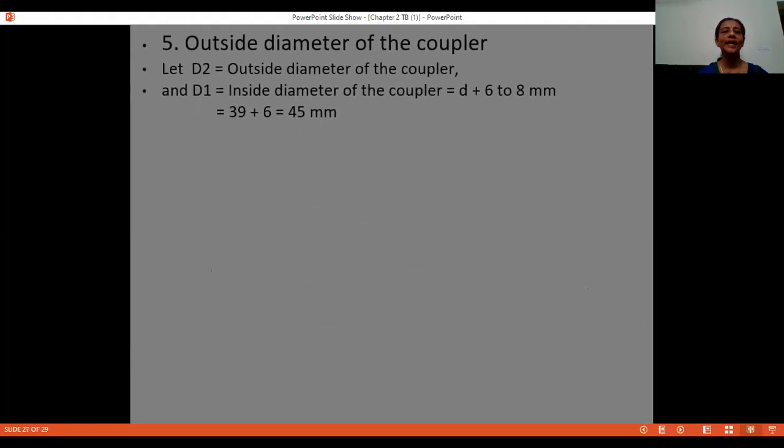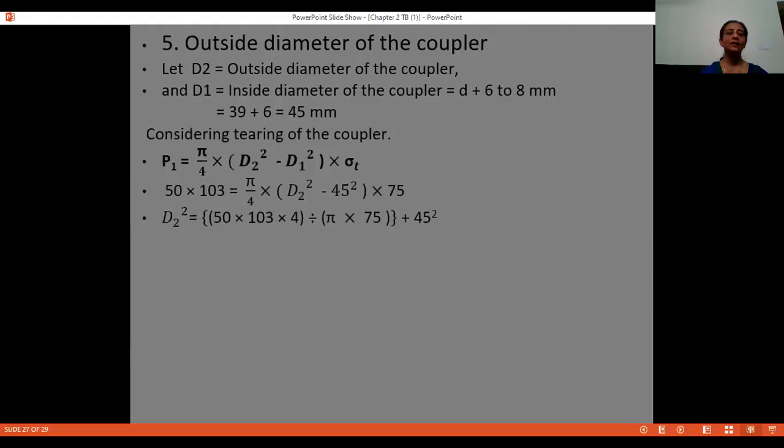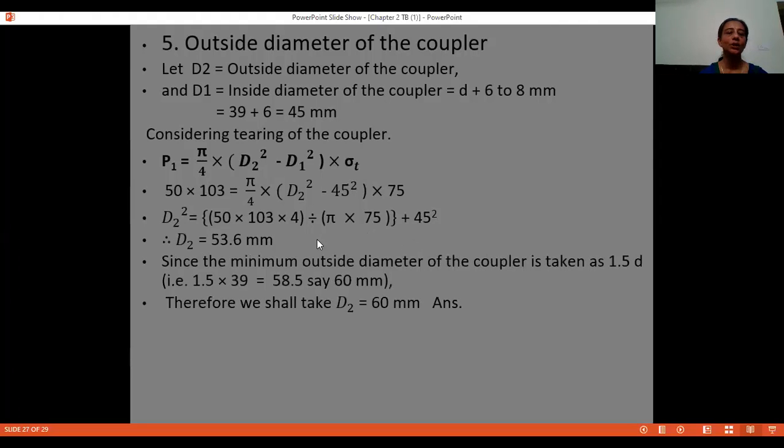Fifth step is to find the diameter of coupler, that is inner and outer diameter of coupler. For inner diameter, we use empirical relationship as DO plus 6 to 8 mm. So it is 39 plus 6 mm. It comes 45. Considering tensile failure of coupler, strength equation is pi by 4 into D2 square minus D1 square into sigma T. Substituting all values and rearranging the terms, outer diameter of coupler is 53.6 mm, whereas our minimum range is 1.5 DO.